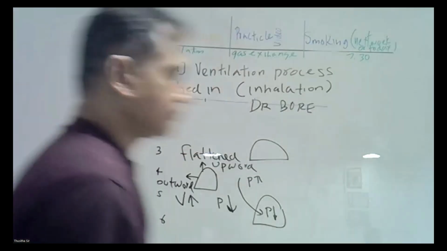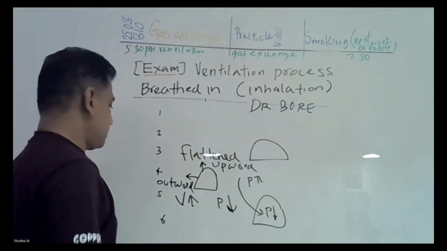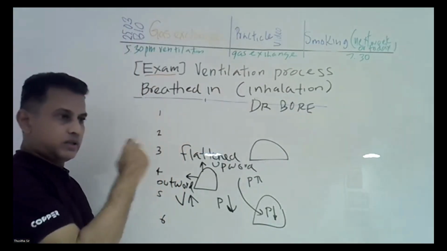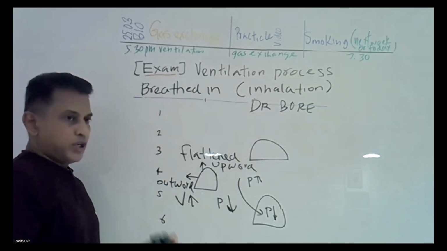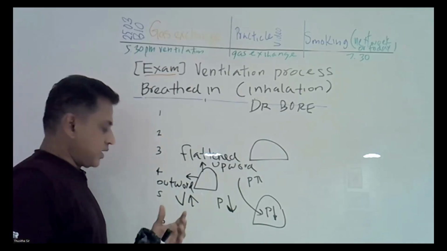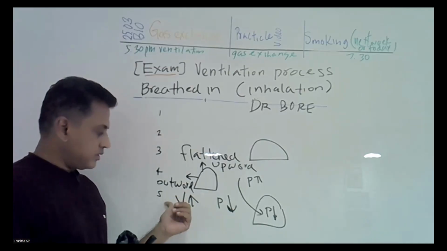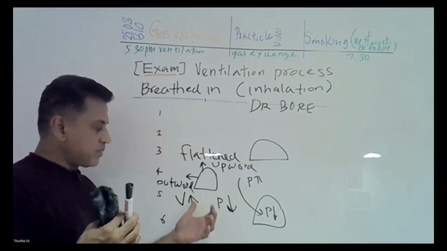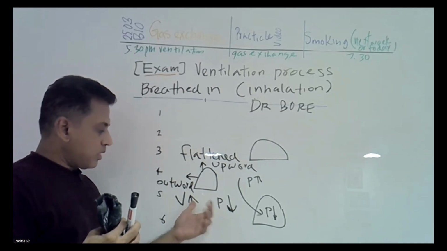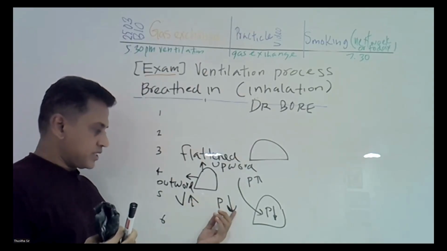If you look at the 6-point previous one, we are going to do the same thing but opposite one. So fifth one, the volume of the lungs or rib cage increase, pressure decrease.